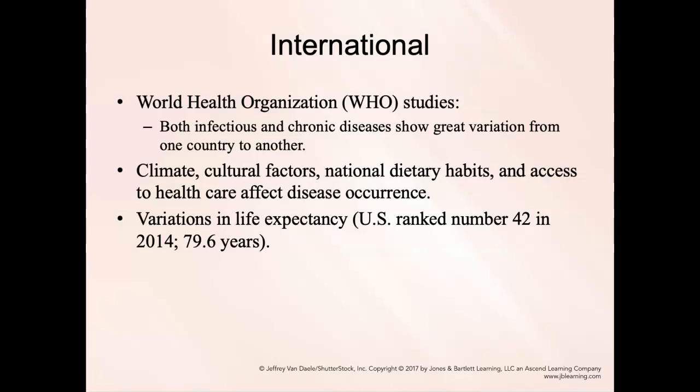So international, we're referring to the global scale. The World Health Organization is an entity that does a lot of international research on the burden of different diseases. They have found that there's great variation from one country to another in terms of infectious diseases, like cholera, as well as chronic diseases.